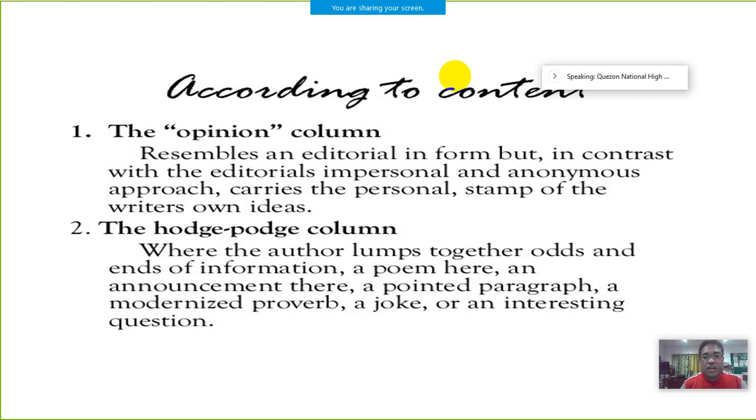The hodgepodge column. In this type, the author lumps together odds and ends of information. A poem here, an announcement there, a pointed paragraph, a modernized proverb, a joke, or an interesting question. It is effective if the writer is good at making ironies, something that really entertains people. It may be witty, like changing some popular quotations.